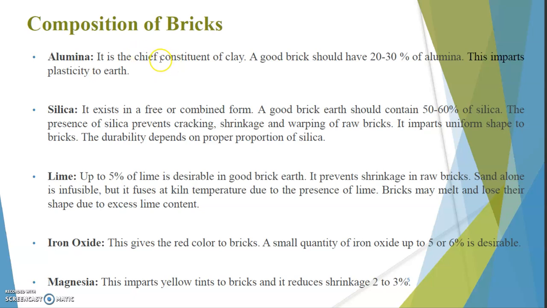The first is that it's a chief constituent, a very important element of the clay. Then how much percentage it constitutes, then finally what role it plays in the manufacturing of brick. So this is how you should read this particular slide.